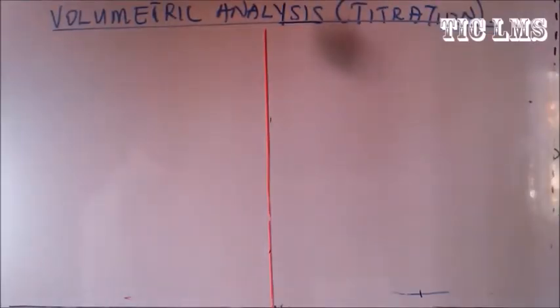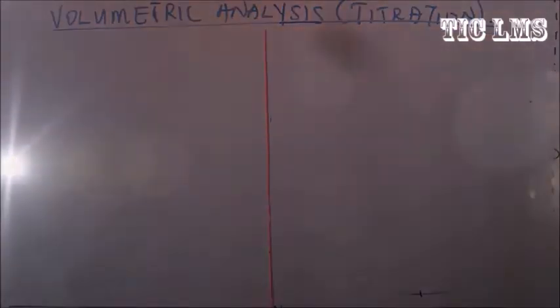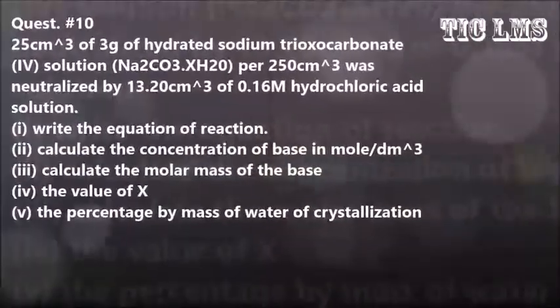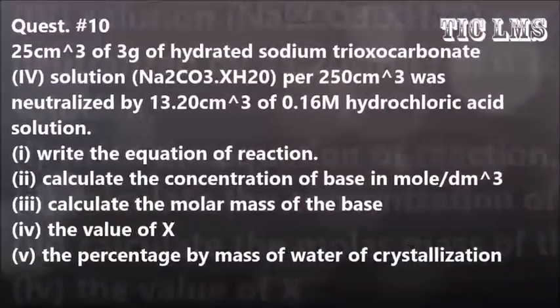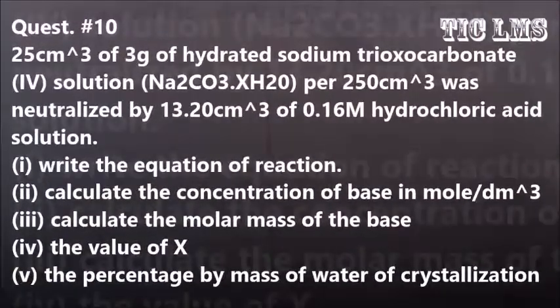Alright, so here comes the next question, which says 25 cm cubed of 3 gram of hydrated sodium trioxocarbonate 4 solution, that's Na2CO3.XH2O per 250 cm cubed was neutralized by 13.20 cm cubed of 0.16 molar hydrochloric acid solution.